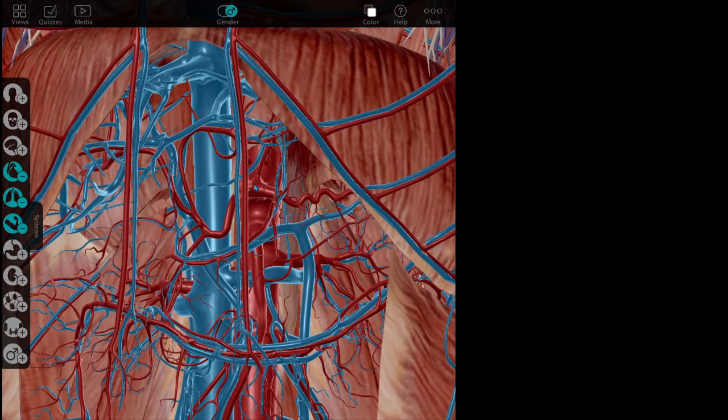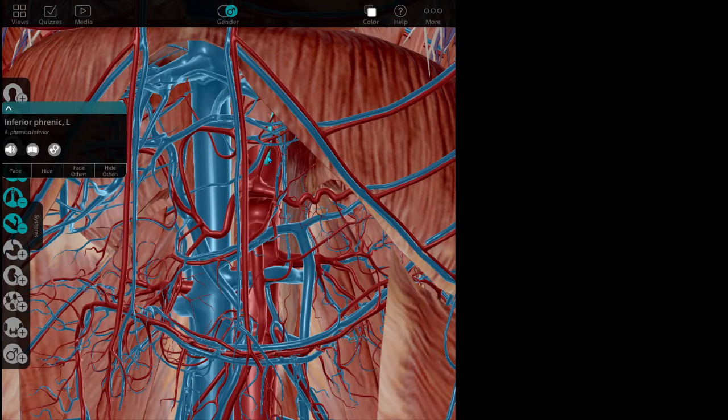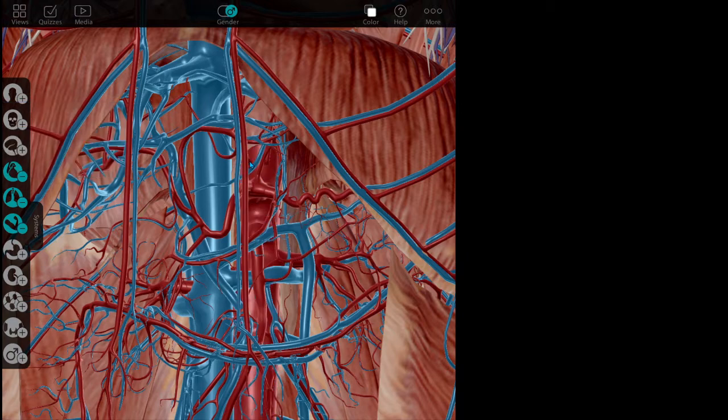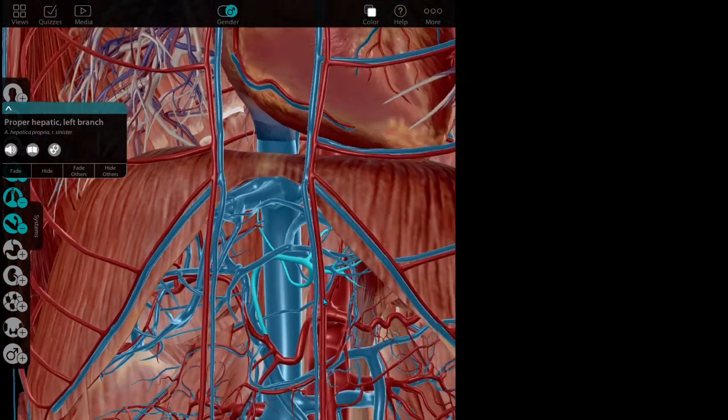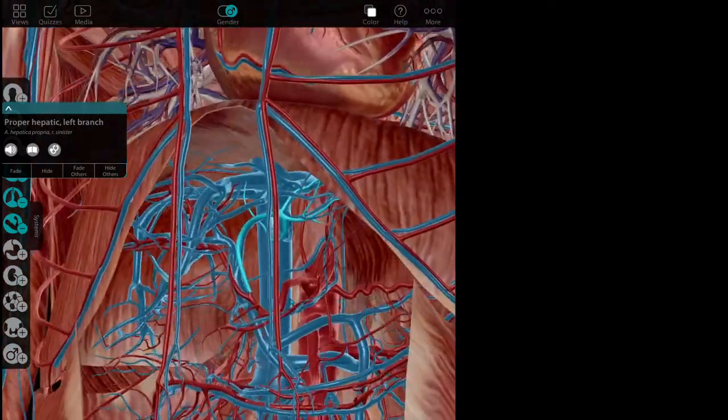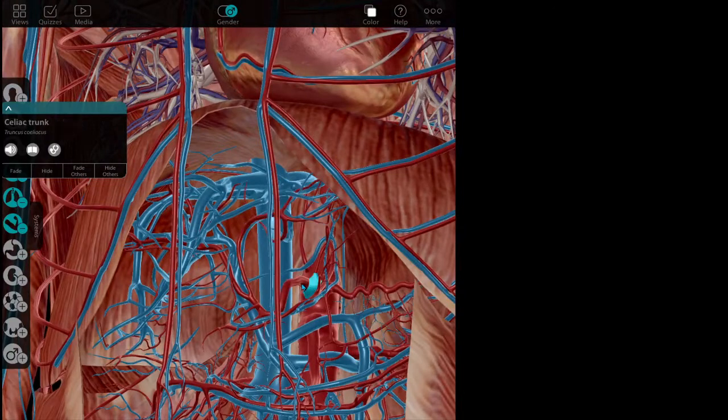So you have here, from the top, your inferior phrenic, which innervates your diaphragm. You have your hepatic artery, which comes from the common hepatic.